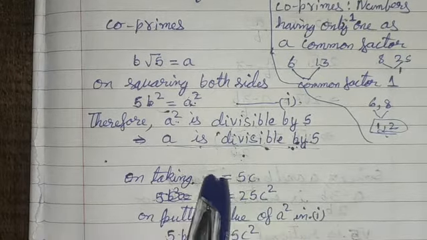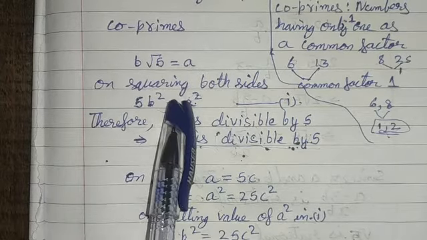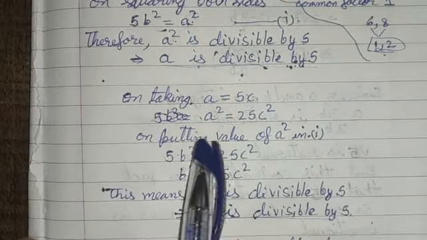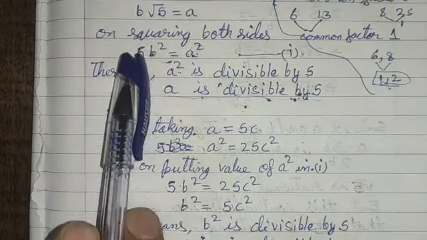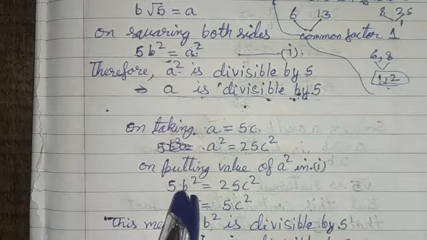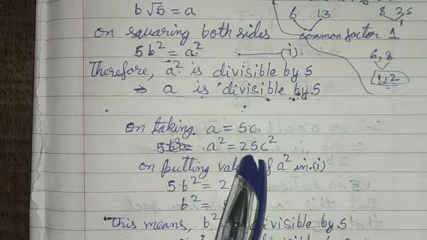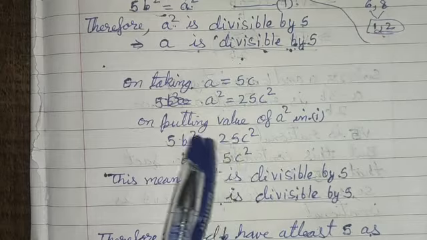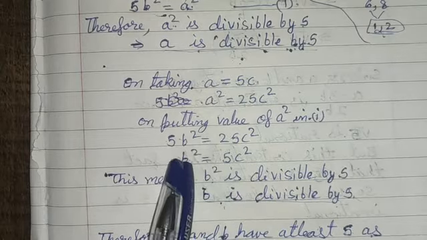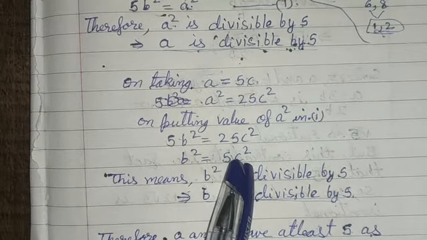Now on putting the value of a square in equation first, it was 5b square equal to a square, so 5b square equals 25c square. Now on dividing both sides by 5, this will be b square equal to 5c square.